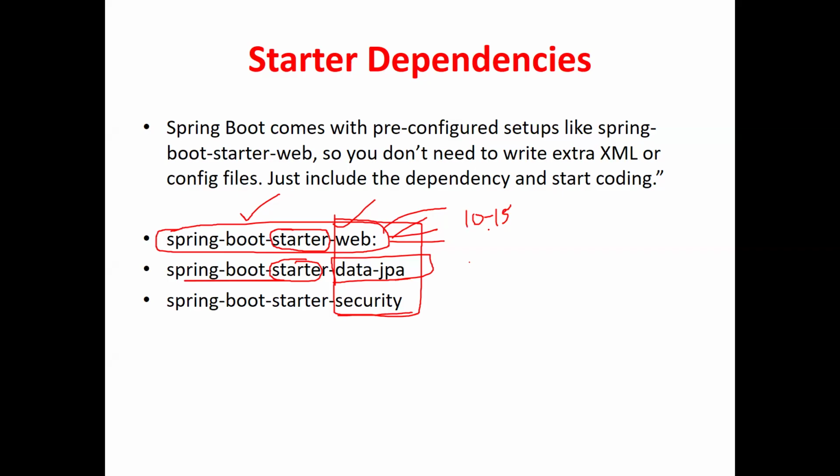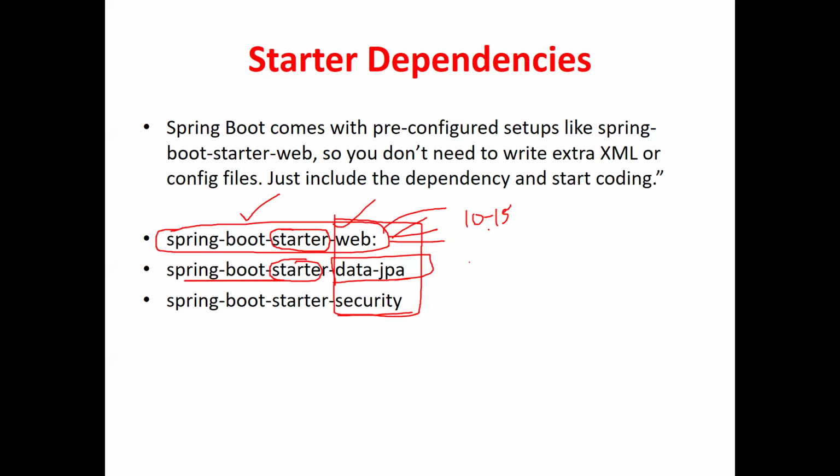Data JPA has special benefits. If you depend on Spring JDBC, we also have Spring ORM. If you are using Spring ORM, you need to go for Hibernate template. If you are using Spring JDBC, JDBC template. If you are using Data JPA, you get that benefit. All the combination dependencies will be available. Whichever you need, you can utilize in our project.